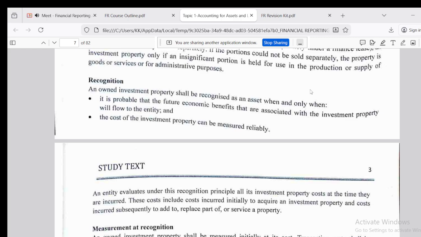Point number two, the cost. That is when the cost of the investment property can be measured reliably, like without doubt.